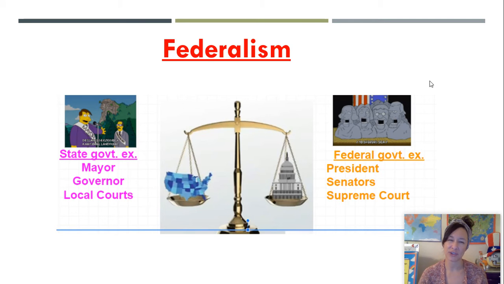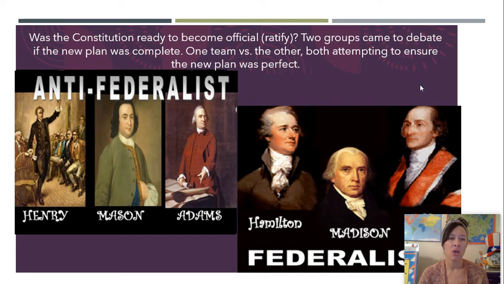How did this figure into ratification? Well, was the Constitution ready to become official? Was it ready to be ratified? Two groups or teams came to debate if the new plan was complete. One team versus the other, both attempting to ensure the new plan was perfect.